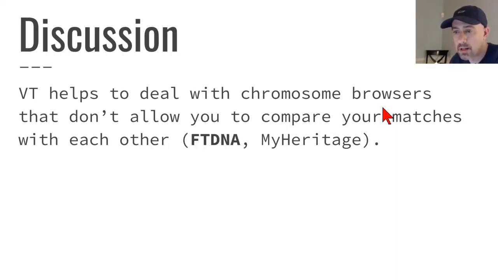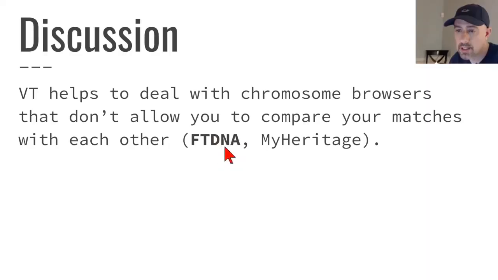I'll also note again, visual triangulation helps to deal with chromosome browsers that don't allow you to compare your matches with each other. I'm thinking particularly of Family Tree DNA. They have a good chromosome browser over there, but you're not allowed to compare your matches with each other, so visual triangulation can help out there, particularly given the fact that Family Tree DNA also has no triangulation tools.